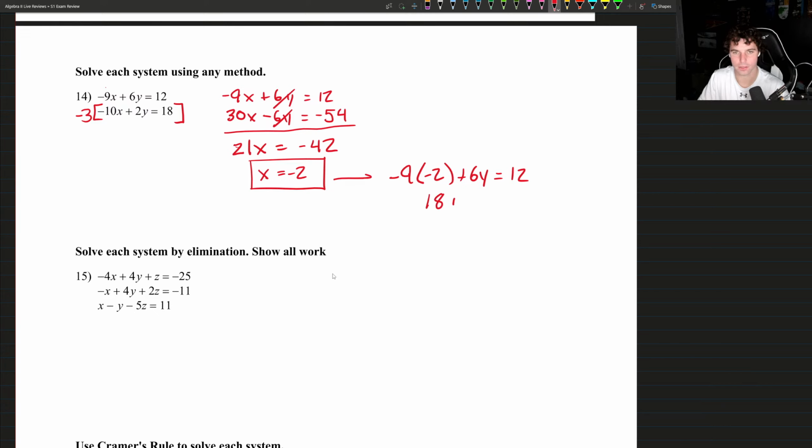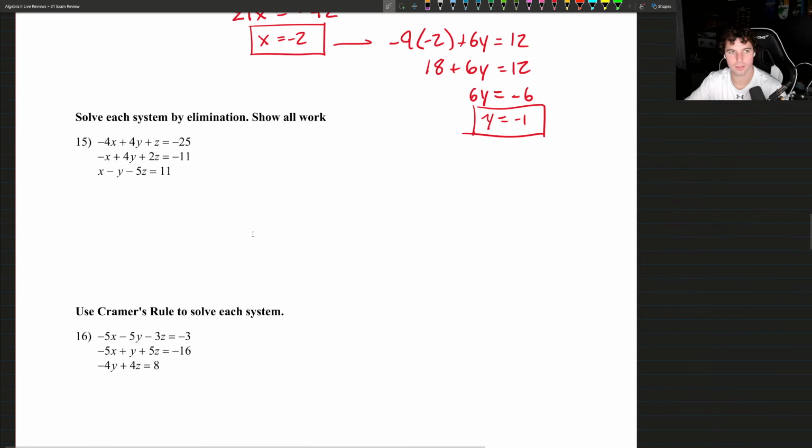So 18 plus 6y is equal to 12. 6y is equal to negative 6, so y is equal to negative 1. So that's the 2 by 2 system using elimination.